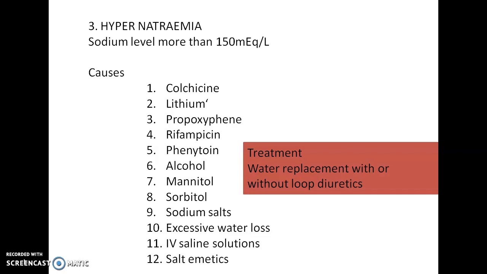Now, hypernatremia may happen because of many reasons, inadequate water consumption may be the general reason, up to severe diarrhea, vomiting, sweating, respiratory illness, and administration of many drugs like colchicine, lithium, propoxyphene, rifampicin, phenytoin, alcohol, mannitol, sorbitol, sodium salts, excess water loss, IV saline solution, salt, emetics, various corticosteroids.